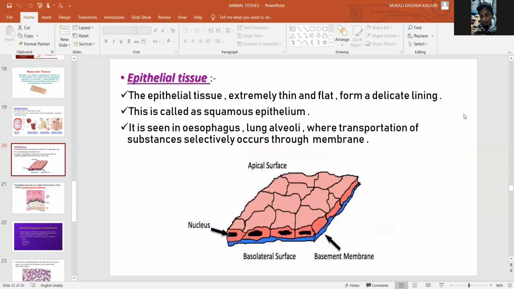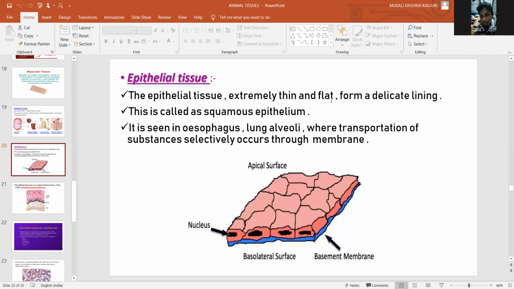The epithelial tissue is very thin and very flat. It is very delicate, very smooth and very sensitive. It is the delicate lining of the epithelial tissue.